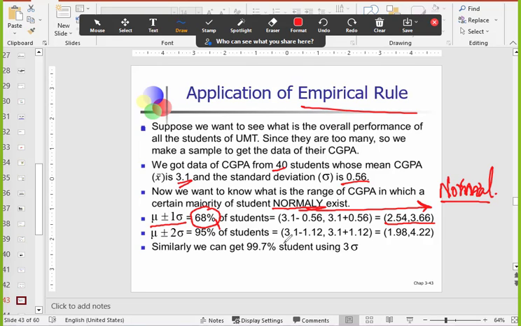If you calculate mu plus minus 2 sigma, 95% of students will have between 1.98 and 4.22. Similarly, you can get the 99.7% range if you use 3 sigma. You can calculate it yourself and see what the range is.